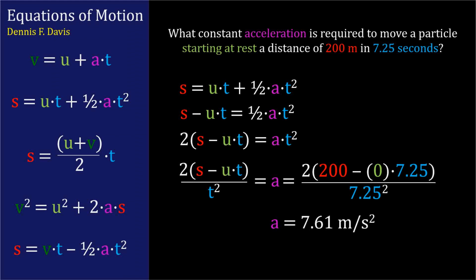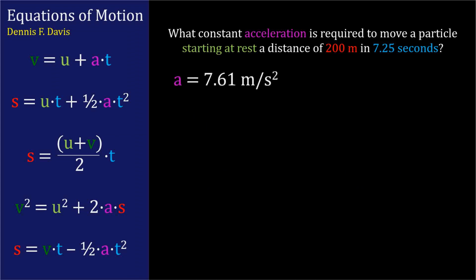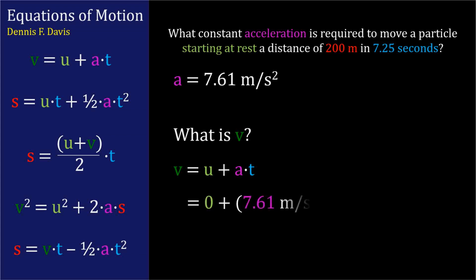That is, final velocity v. Well, we know every variable except v, so we can really use any equation that includes v, and the first looks as simple as any. v equals u plus at. u is 0, so the final velocity is at, 7.61 meters per second squared, times 7.25 seconds, equals 55.17 meters per second.